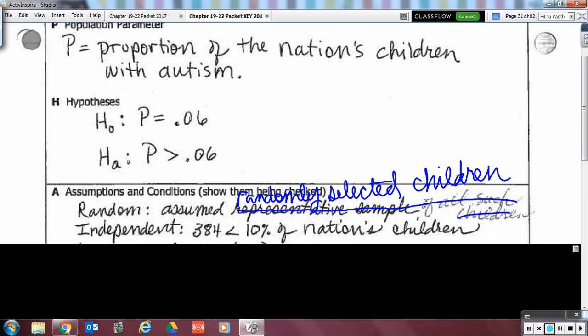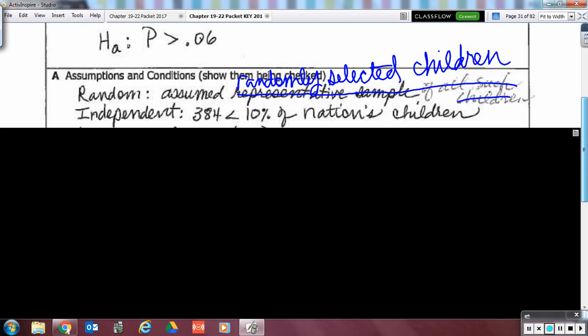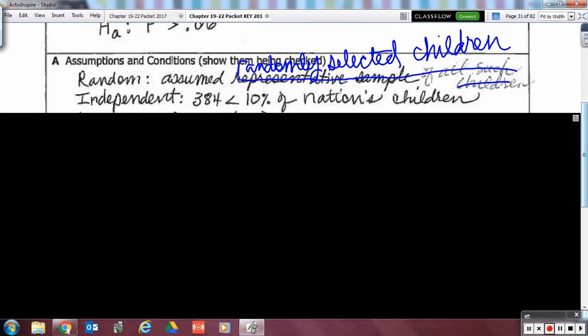N is less than 10% of the nation's children. So 384 is less than 10% of all the children, because I'm sampling children. 384 are just children.